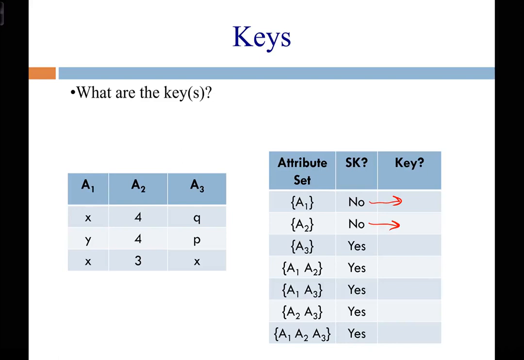Now, the rest of these might be keys because they are super keys. So A3. Are any of its proper subsets super keys? Doesn't have any proper subsets. So yes, A3 is a key. A1, A2.